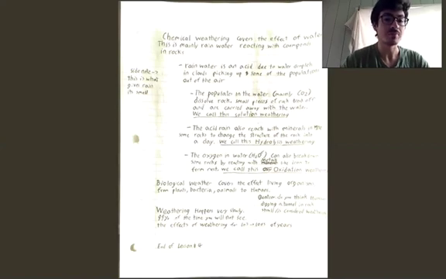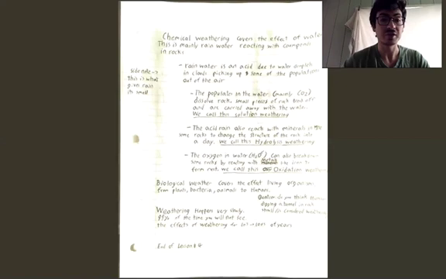The third part of chemical weathering is when oxygen in the water, so this is nothing about pollution in the air, but oxygen in the water, so when water is H2O, the O part of the water, for oxygen, can also break down some rocks. Rocks contain different types of minerals, and most rocks will have some sort of metal component, like iron.